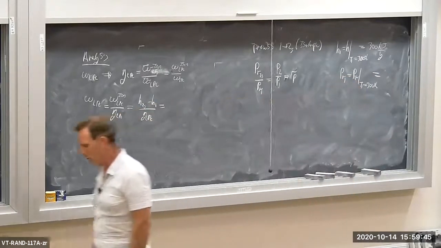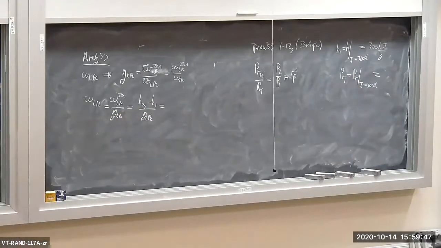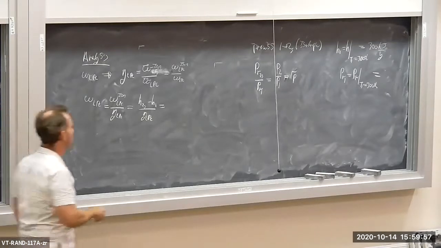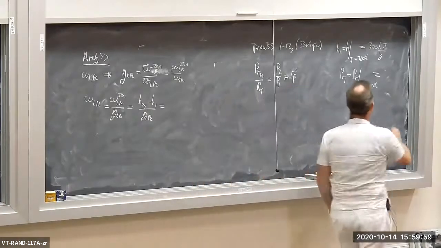What's Pr1 here? 1.386, that's from tables.